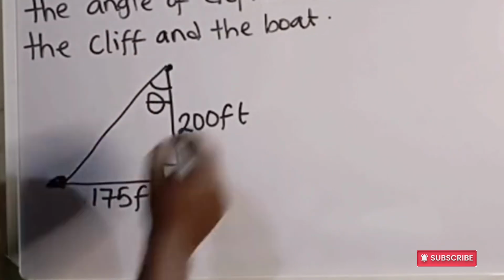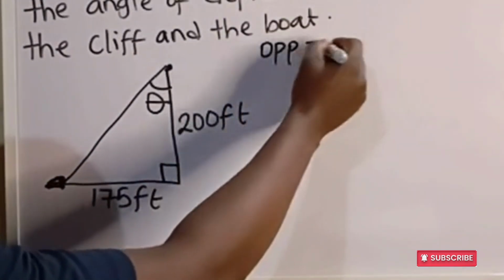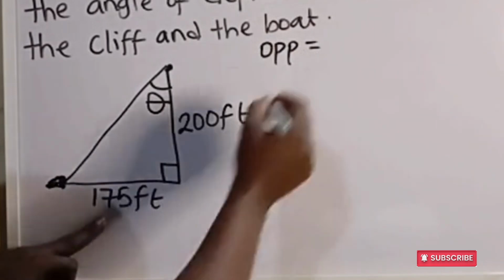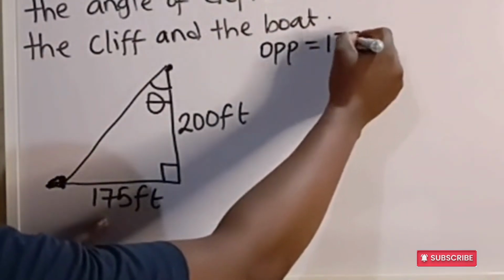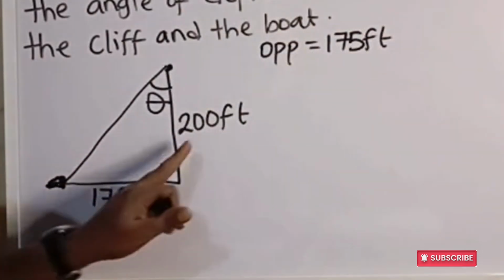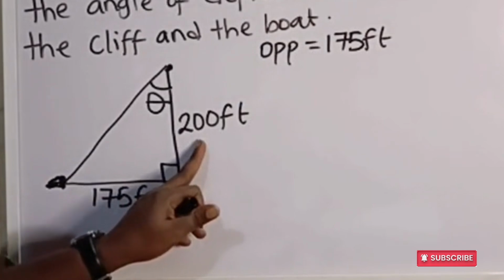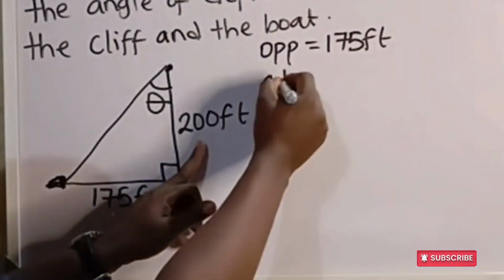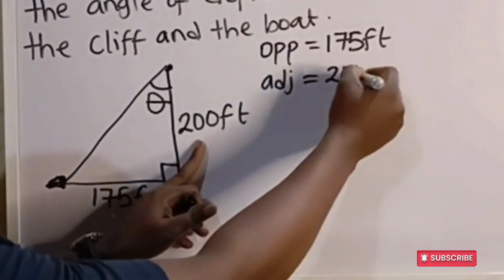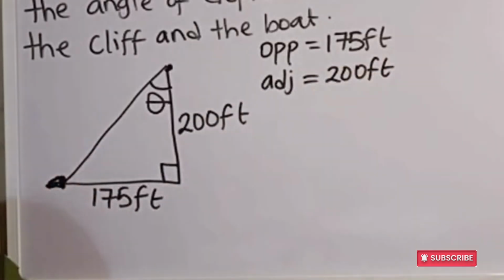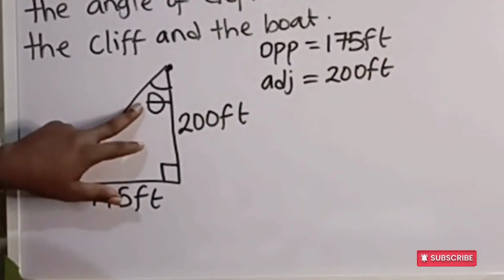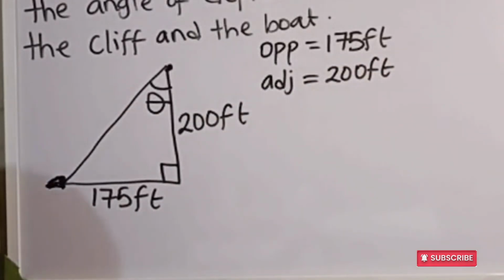We are given the opposite to be equal to 175 feet. This is therefore the adjacent, and we are given the adjacent to be 200 feet. And we are told to find theta.